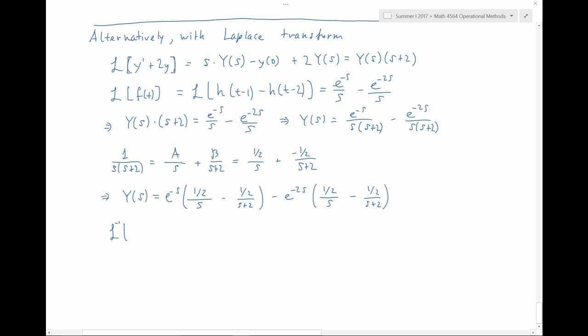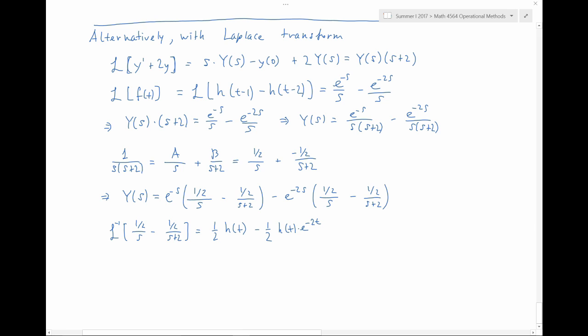Let's find the inverse Laplace transform of 1/2 over s minus 1/2 over s plus 2. That is equal to 1/2 of h of t minus 1/2 of h of t times e to the minus 2t.